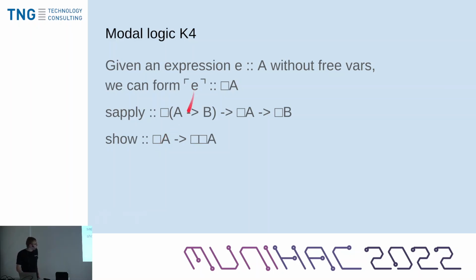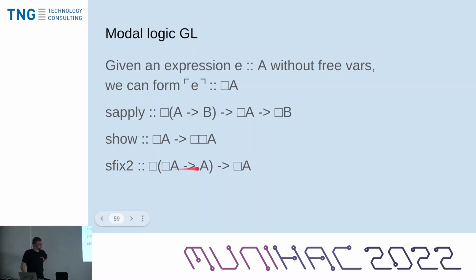And in this formalism, you cannot define the staged fix operation because of the reasons I mentioned earlier. However, unlike the previous situation, it is possible to add it as an axiom. So if you take Agda, a language which is consistent, and you add the fixed point combinator, well, you won't be allowed to without the termination checker. But sfix2 can be added without violating consistency. This is called modal logic GL, and this is the logic that is behind Gödel's theorem.